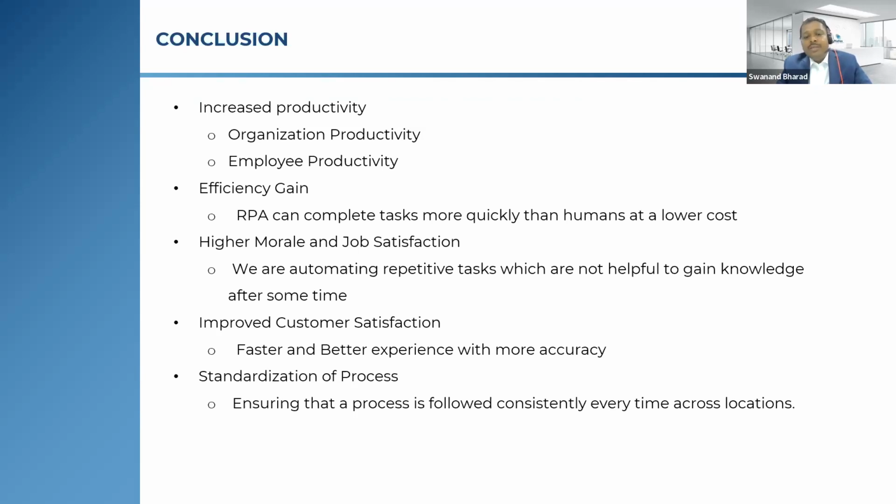If we have business in multiple cities and multiple countries, it's not mandatory that everyone will follow the same steps. Sometimes some people implement their own method and do the task in a different way. So they're not following each and every step, or the compliance or rules and regulations, to do that task.